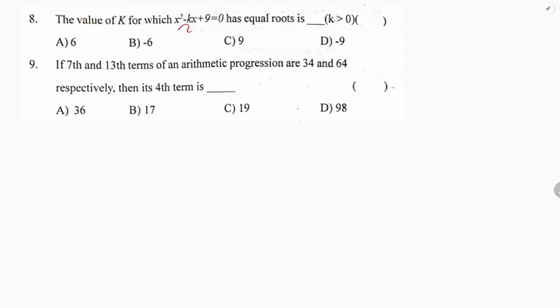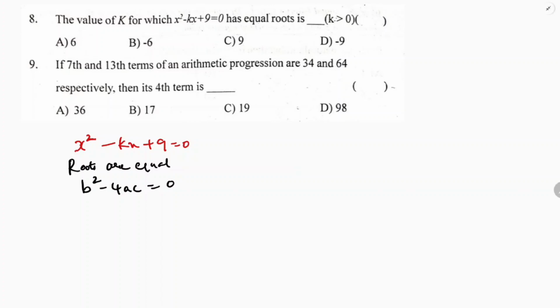The value of k for which x square minus kx plus 9 equals 0 has equal roots. So the roots are equal, so the discriminant b square minus 4ac is 0.